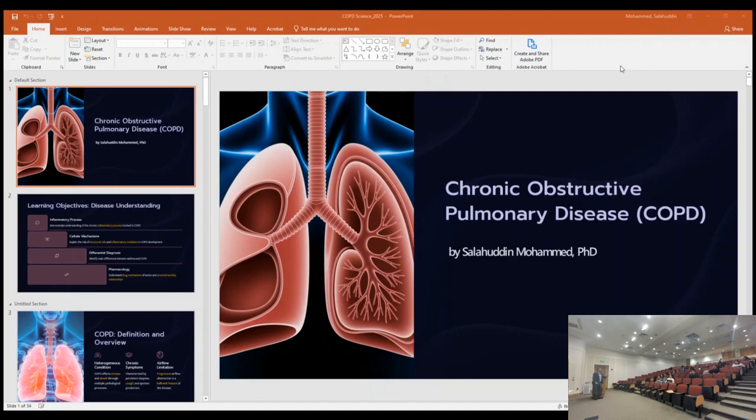So elastic recoil is reduced, right? So what happens now? The air comes in, it opens, and the air has to push out, so it has to contract. But because the elastic recoil capacity got reduced, they cannot contract. So the air doesn't go out. The air stays back in. Oxygen has to come in, carbon dioxide has to go out.